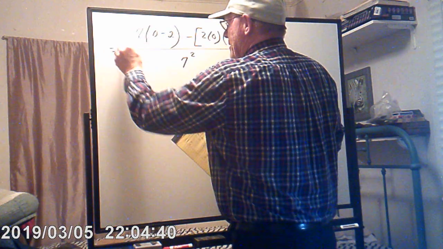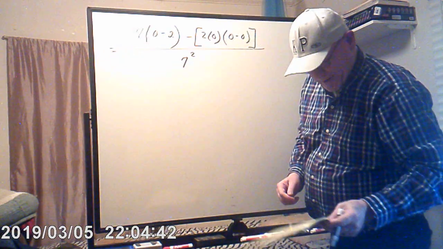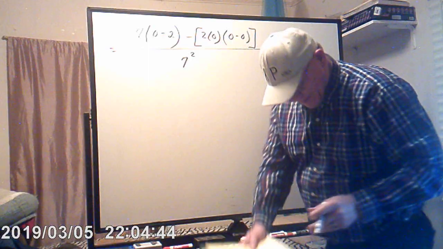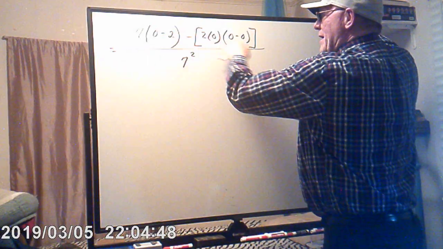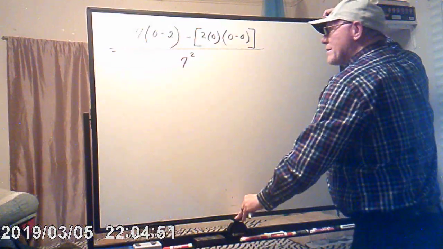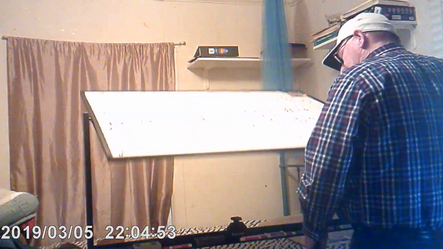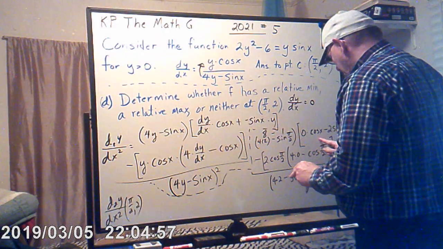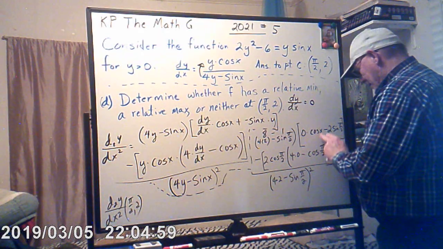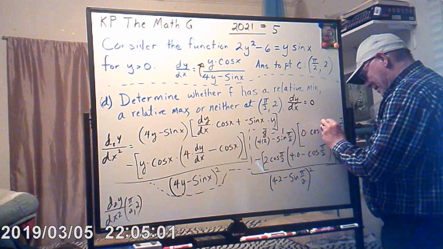Okay, now, right here, let's go back and look at everything. I do believe we have it. This is it. But now let's see where we got all these numbers from. This is 7. Cosine, it should be a pi over 2 right here.